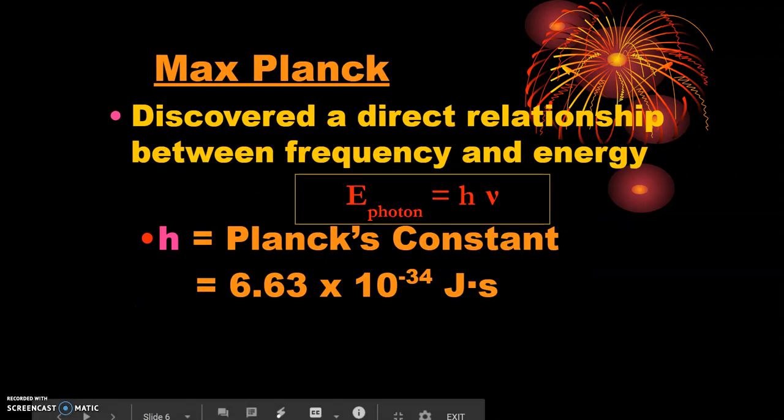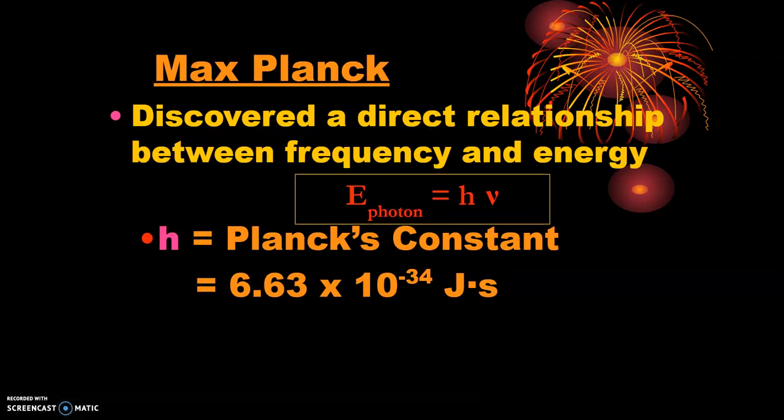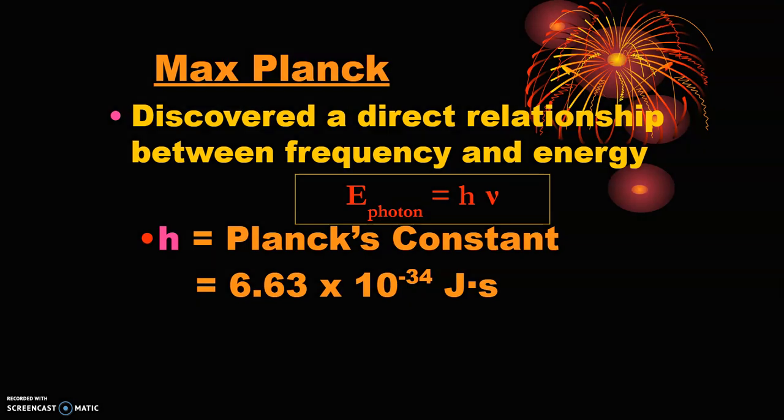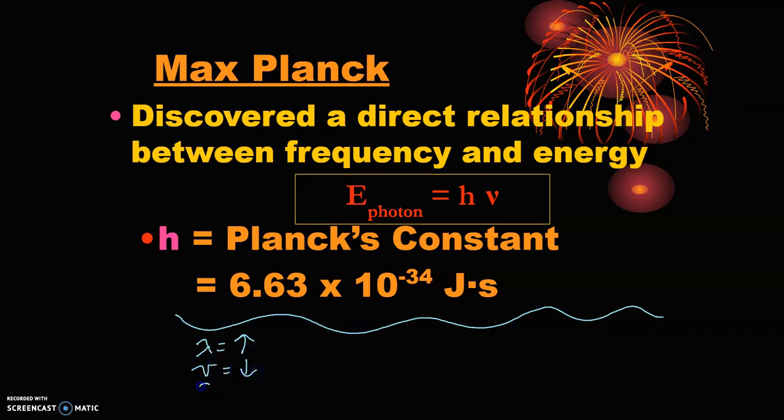Now, Max Planck found that there was a direct relationship between the frequency and the energy of a photon. So, if we had a wave with a long wavelength, and so the lambda is high and our frequency is low, the energy would also be low.